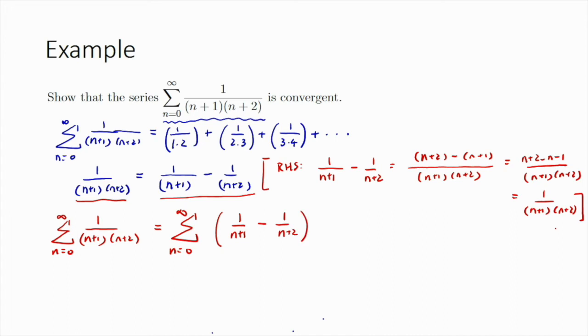And what we're going to do in the next slide is generate the partial sums for this series, and the partial sums will tell us whether this series has a finite sum or not.